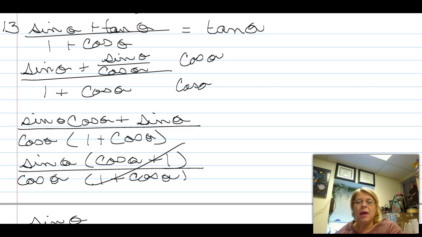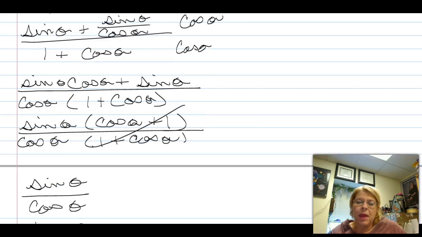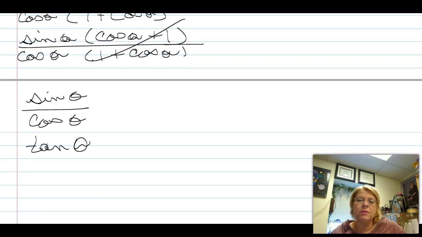When I factor sine out of the numerator, I get sine theta times the quantity cosine theta plus 1 over cosine theta times the quantity 1 plus cosine theta. Since the cosine theta plus 1 and the 1 plus cosine theta are the same, I can cancel those. That leaves me with sine theta over cosine theta, which is tangent of theta.